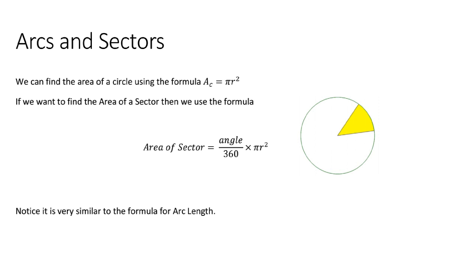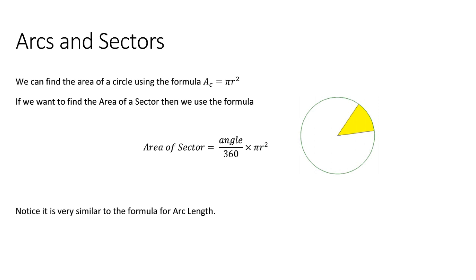We should hopefully remember that the formula to find the area of a circle is pi r squared. If we want to find the area of a sector, then we use this formula here: area of a sector is equal to the angle over 360 multiplied by pi r squared.